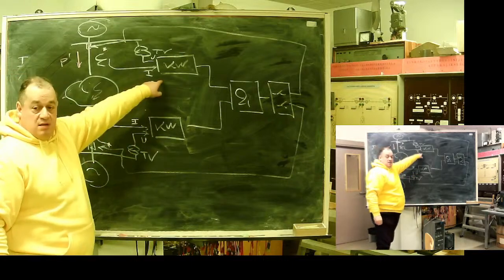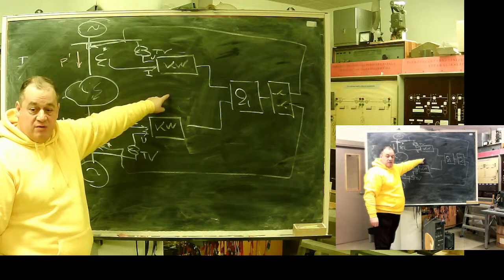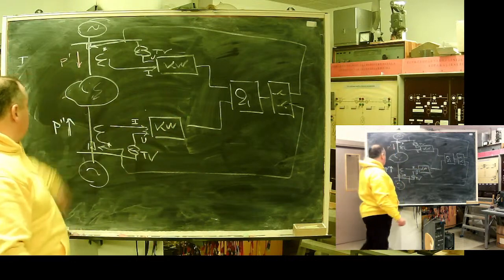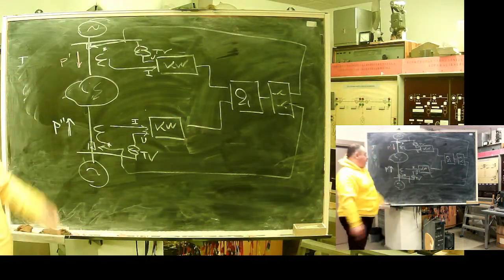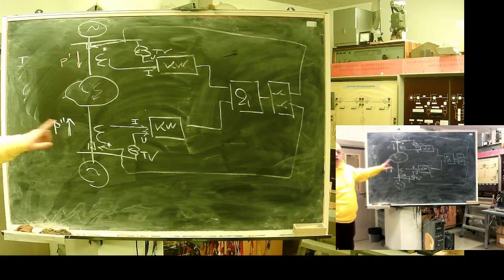If both power direction relays show 1, meaning we have inflow, disconnect the object. Will this work? No. Why?